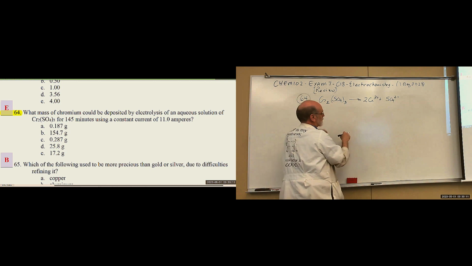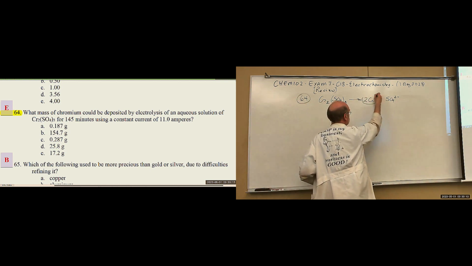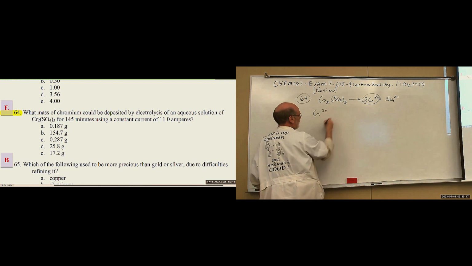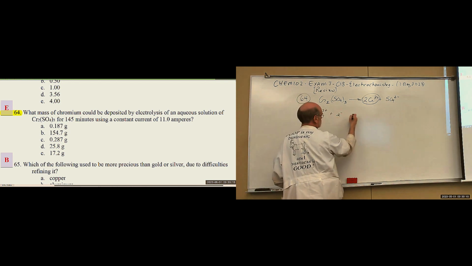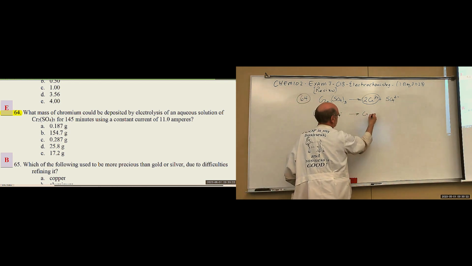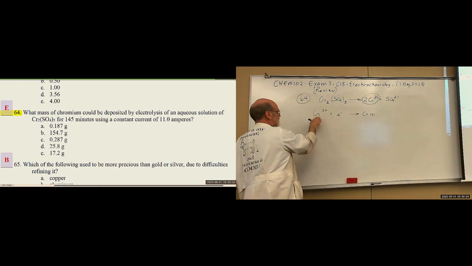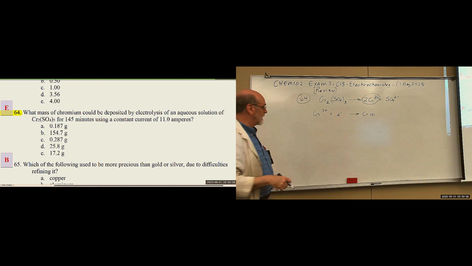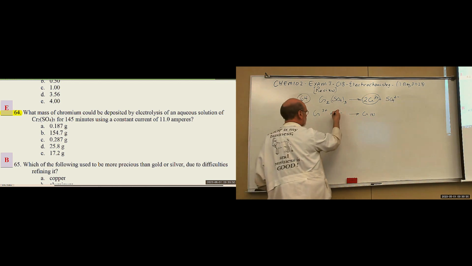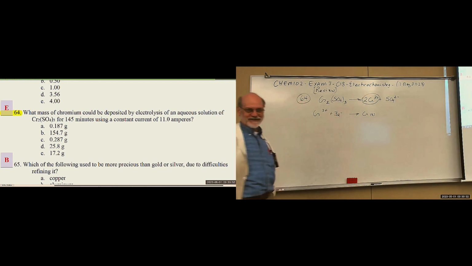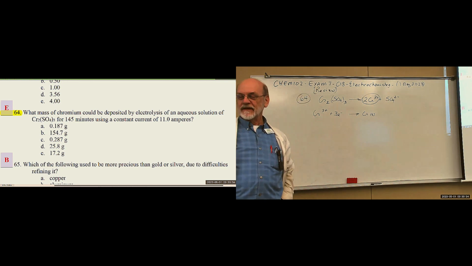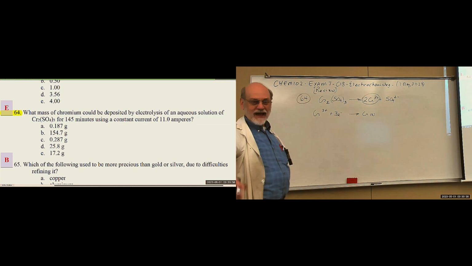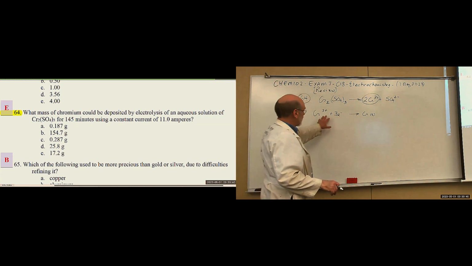That's what gives us this one. So we're only interested in this Cr 3 plus. And we're going to reduce it to chromium metal. That's the net equation. Except we need 3 electrons, right? 3 electrons will reduce that chromium 3 plus. Now we'll need that later.